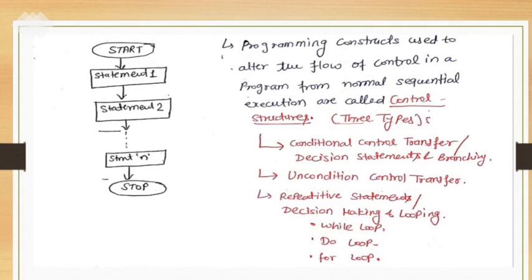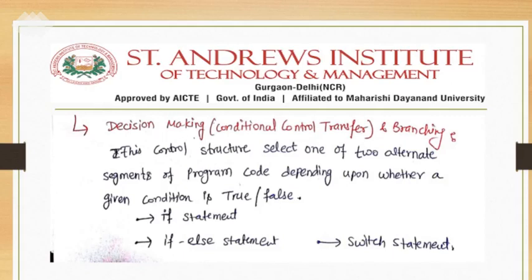This is the flow of execution that we see here: starting from the first statement, a normal program executes all the statements written in it, and at last it stops. To move further, we have the first type of control flow, that is decision making, or conditional control transfer and branching. What does it mean?